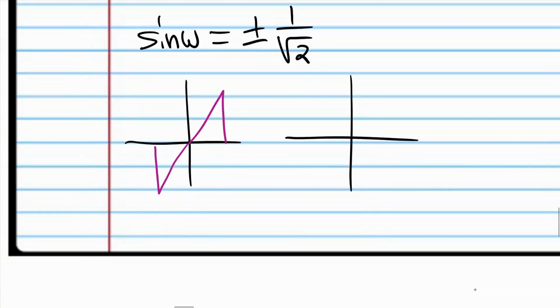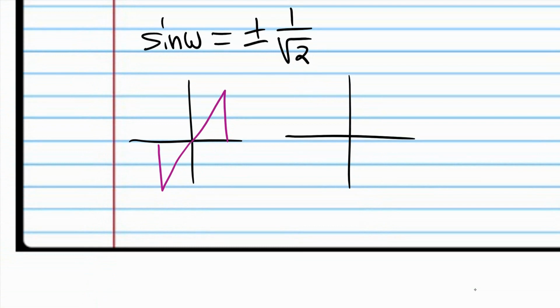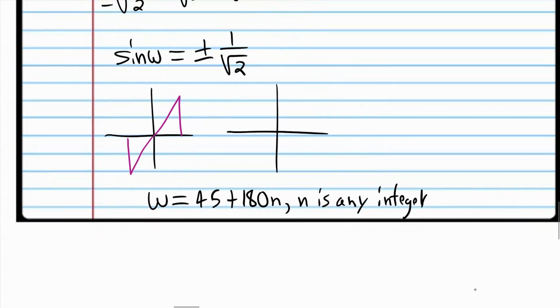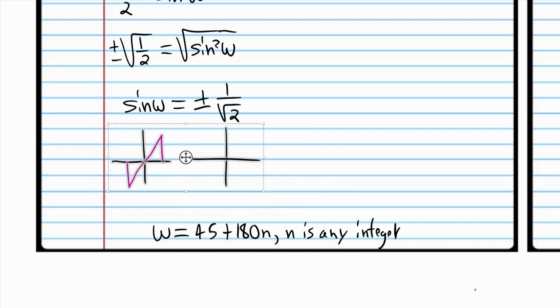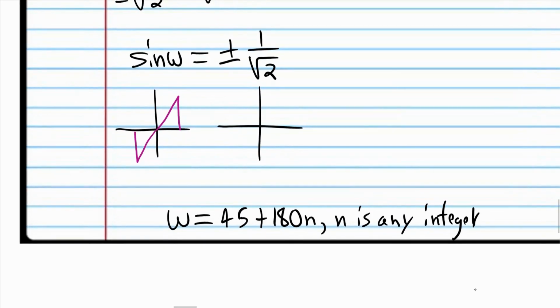So that's how we can condense to 2 equations. So one solution is going to be omega is equal to 45, and then we're going to add multiples of 180. So let me shrink this a little bit. That is one of the equations that we need that represents this situation here.